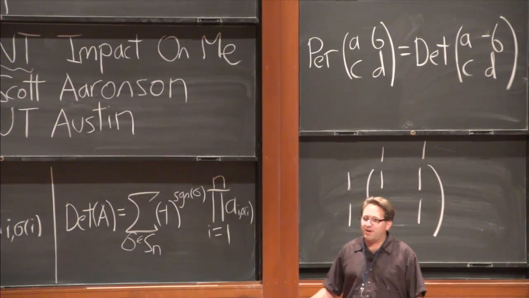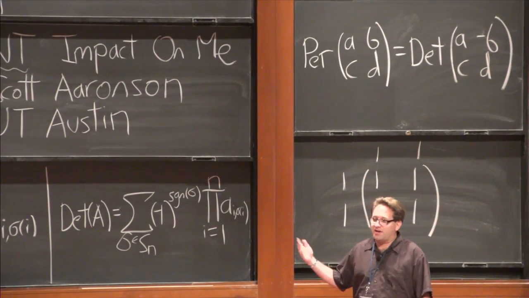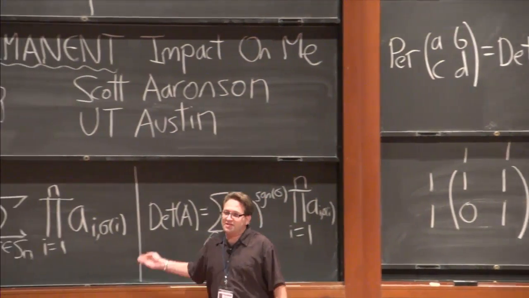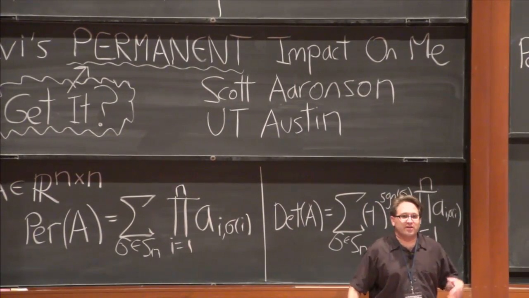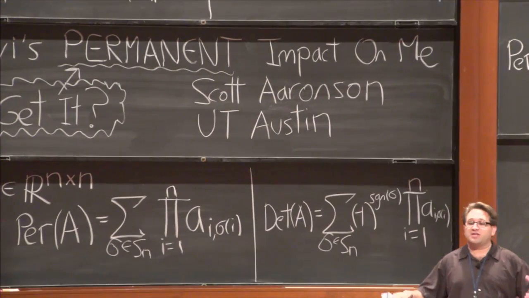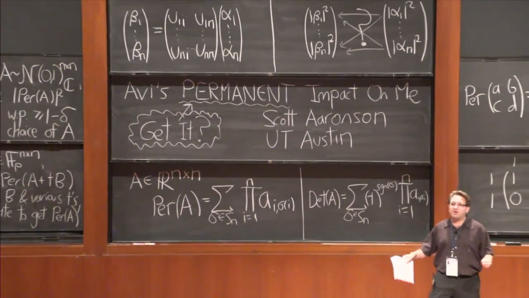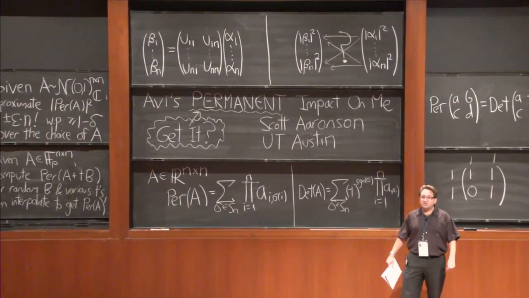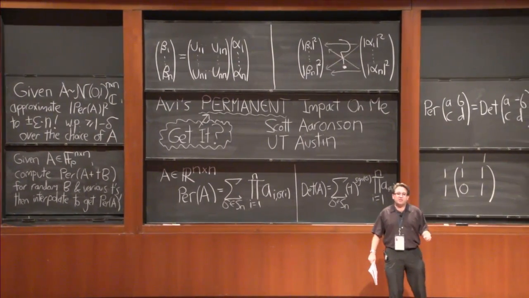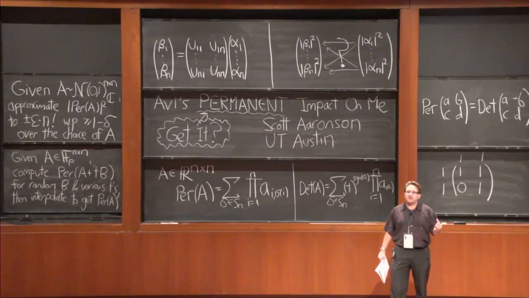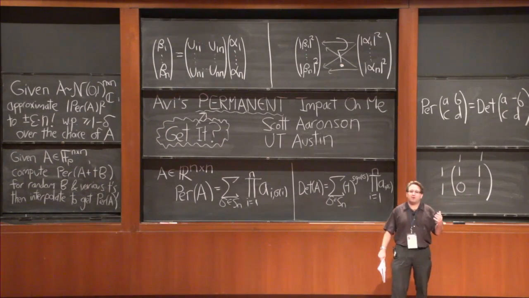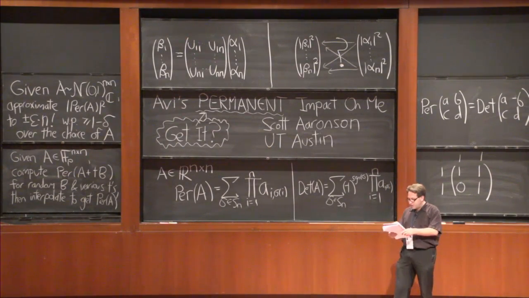It's the volume of a parallelepiped, the product of the eigenvalues and so forth, whereas the permanent is much more combinatorial. It doesn't show up in mathematics quite as much, but it does show up. It has various uses. For example, if you have a bipartite graph, then the permanent is just a function of the adjacency matrix of the graph that counts how many perfect matchings it has. Okay.